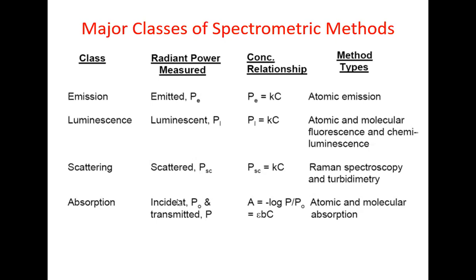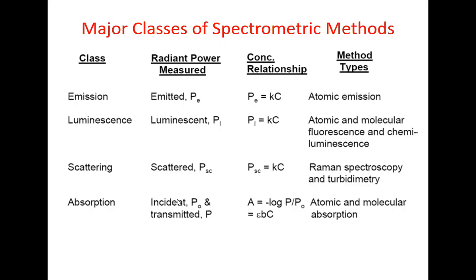T is equal to, in terms of radiant power, power in and power out, the energy that is absorbed by the molecule. So it's going to be P over P naught, right?